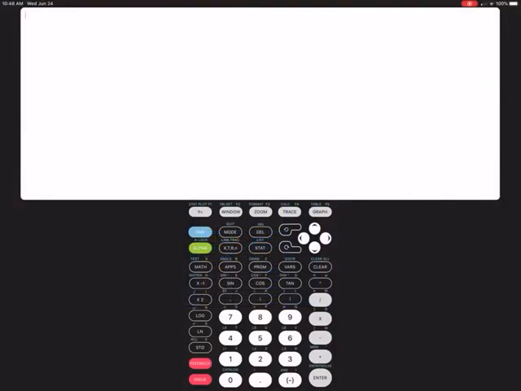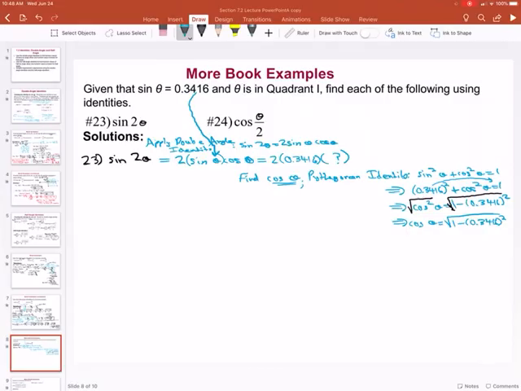On our calculator, we press second, x squared key, the square root. We've got 1 minus 0.3416 squared. Enter. I got 0.9398. Well, let's round it to 4 decimal places, since we were given 4 decimal places with the function value of sine theta. So we've got 0.9398 for cosine of theta.